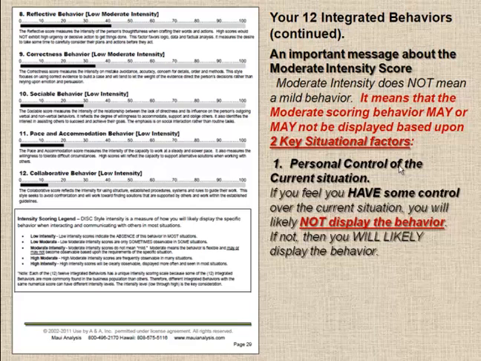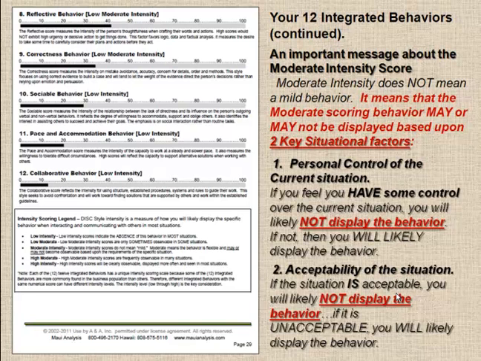The first one is personal control of the current situation. So if you're in a situation that you feel you have some control, you may not feel like you need to display that behavior. If not, if you feel like, oh man, I have no control over this situation at all, then you will display the moderate behavior to get your needs met.